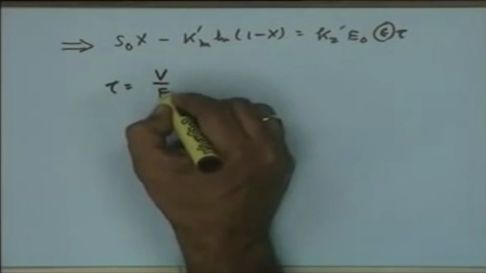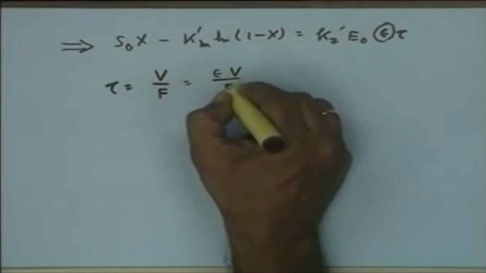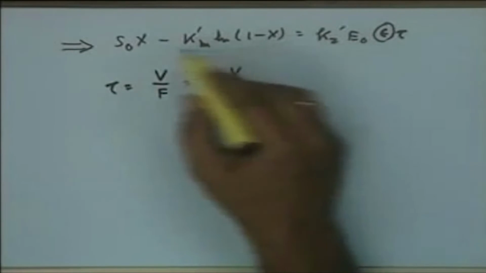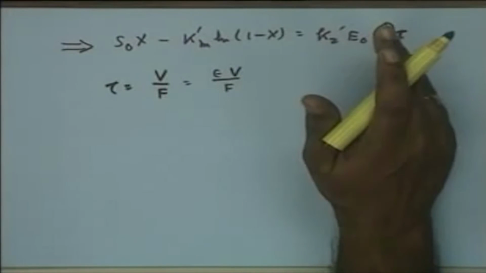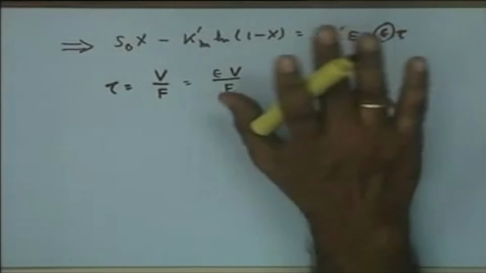Therefore, this tau term is multiplied by epsilon. While we defined tau earlier as V by F, in the case of a packed bed reactor we define it as epsilon V by F. For a CSTR or a stirred batch reactor, the magnitude of epsilon is 1. So, essentially this gives you the reactor performance for a plug flow reactor following Michaelis-Menten kinetics.